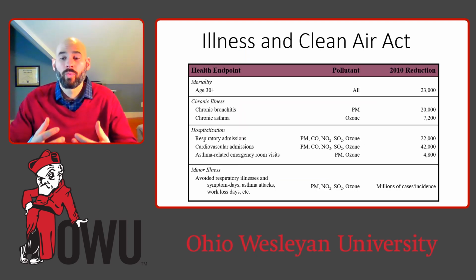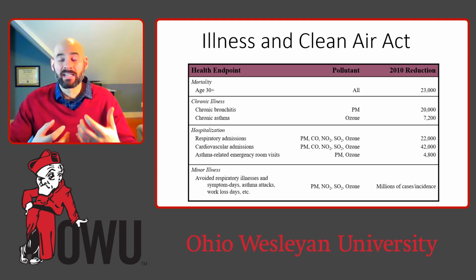So now that we know what some of these terms mean and the different steps needed for cost-benefit analysis, we can look at some of the data collected for a cost-benefit analysis of the 1990 Clean Air Act amendments by taking a look at 20 years after the amendments were passed, what the reduction in health outcomes would look like.